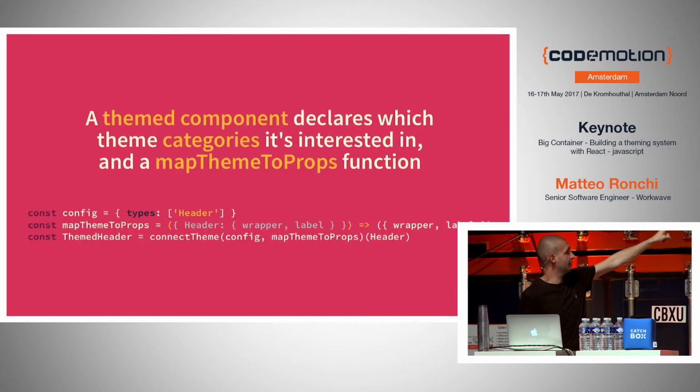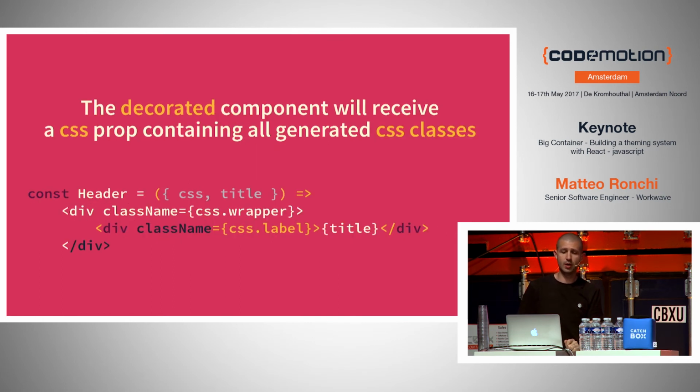The themed header component we get will pass down a CSS prop to the wrapped header component. By default, our theme connected higher order component uses the CSS name to create a prop that represents our map of class names. But it's configurable. You can call it whatever you want if it clashes with your own implementation or you don't like it.